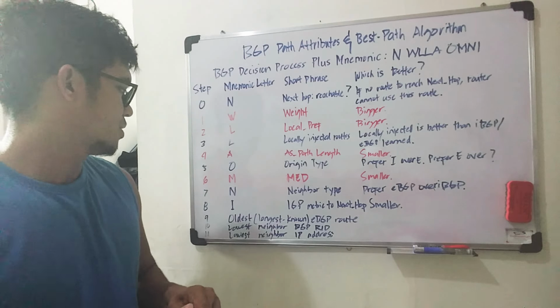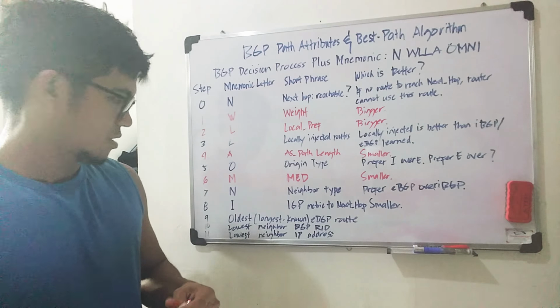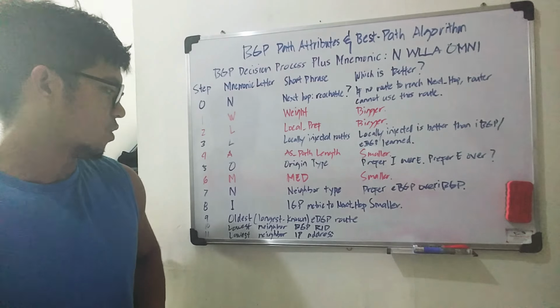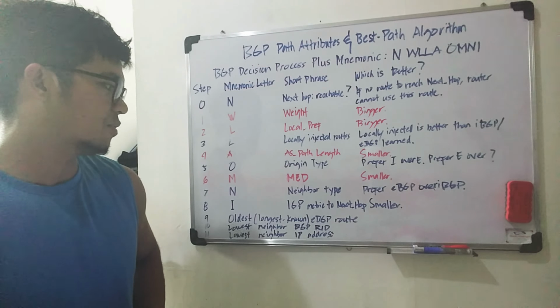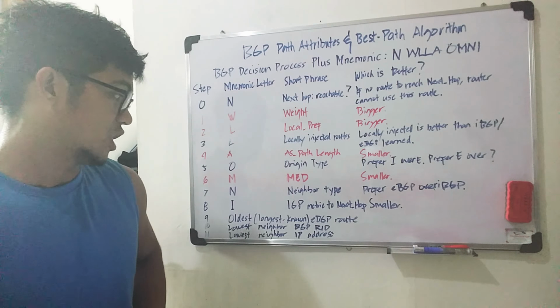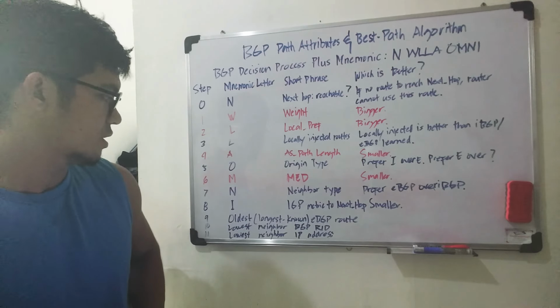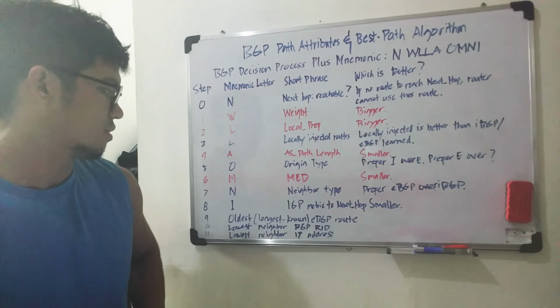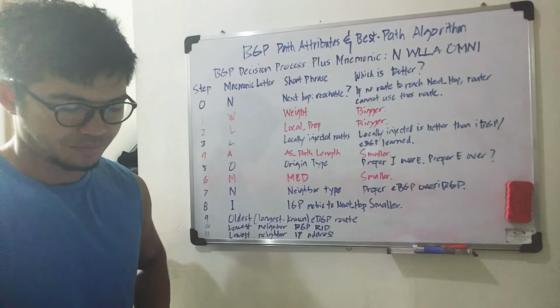Then you can use tiebreakers. Oldest or longest known eBGP route wins, lowest neighbor BGP router ID wins, and finally lowest neighbor IP address wins.